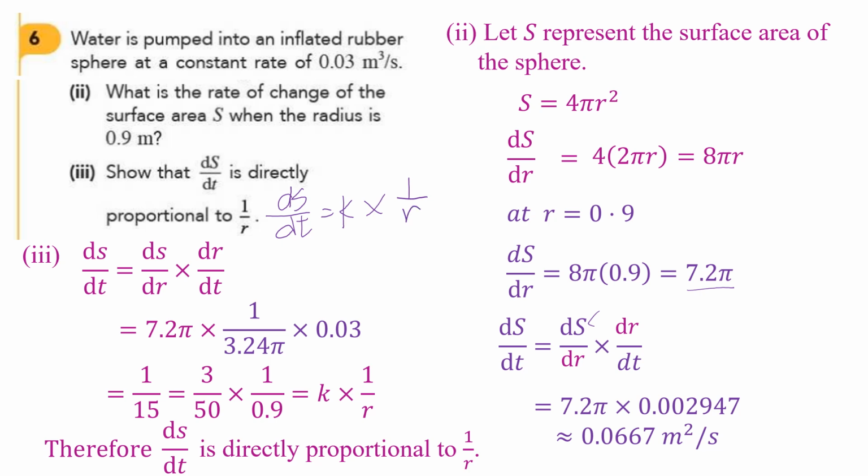K is a constant, and your radius is 0.9. So what we need to have is 1 over 0.9 there, and also a constant k. So therefore, I cannot substitute dr over dt to be this value.